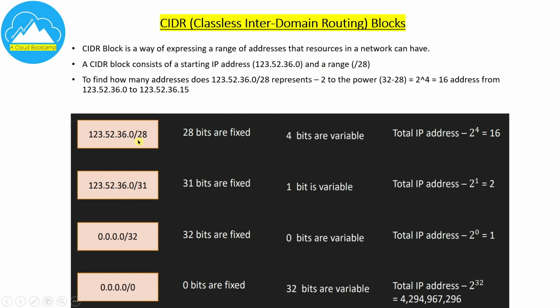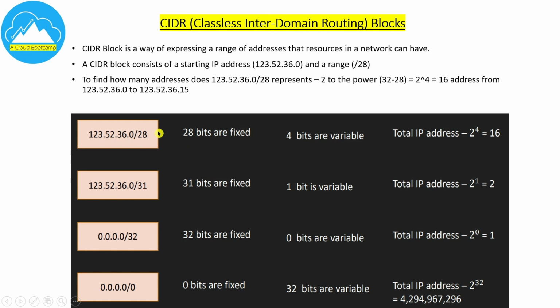Range is /28. A CIDR block is just a way of expressing a range of addresses that resources in a network can have. So you can have these many addresses assigned to a virtual machine, or a bunch of virtual machines, which can have IP addresses from this range.